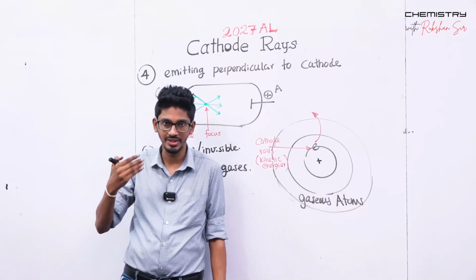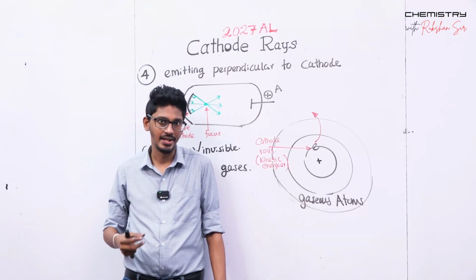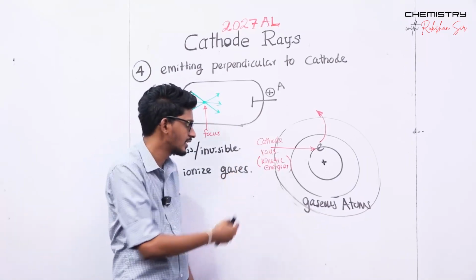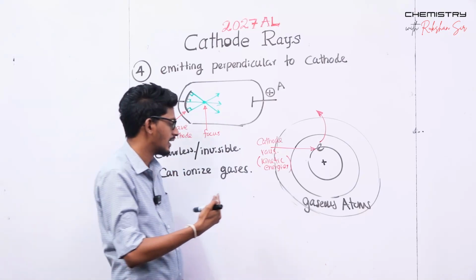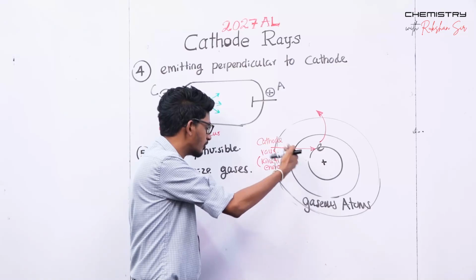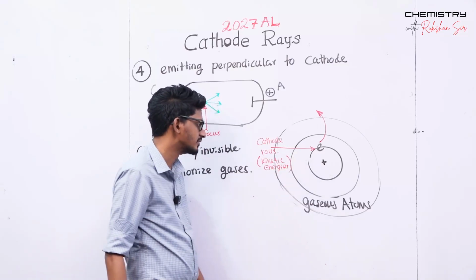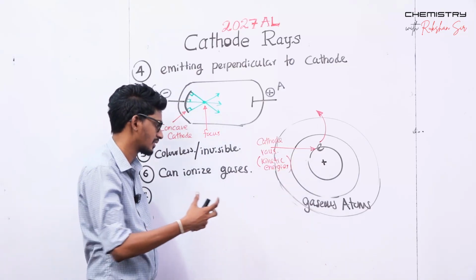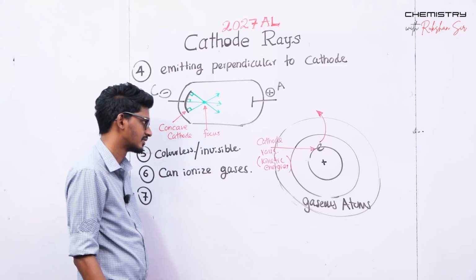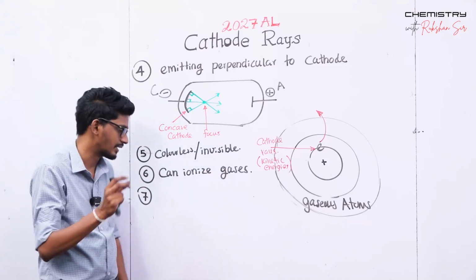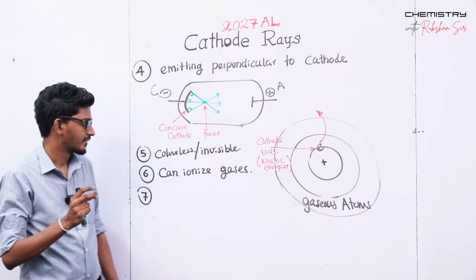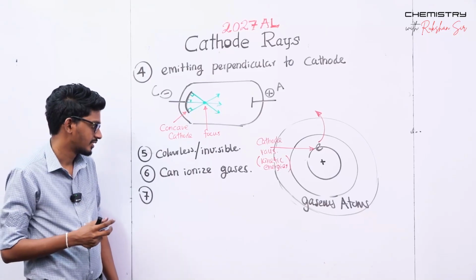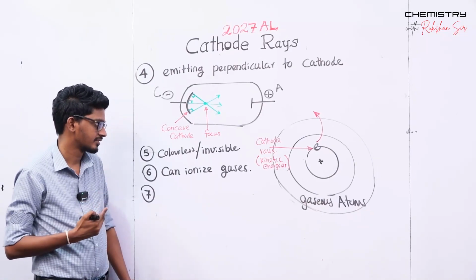Cathode rays being able to ionize gases will be very helpful to produce the positive rays as well. So remember that cathode rays are able to produce positive particles from gases, so they are able to ionize gases, right?